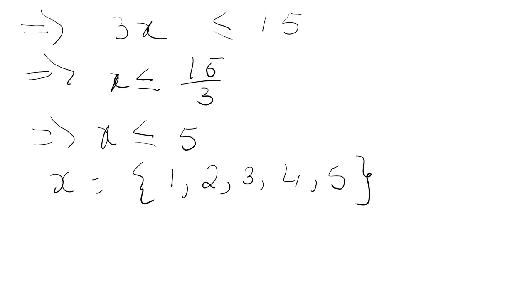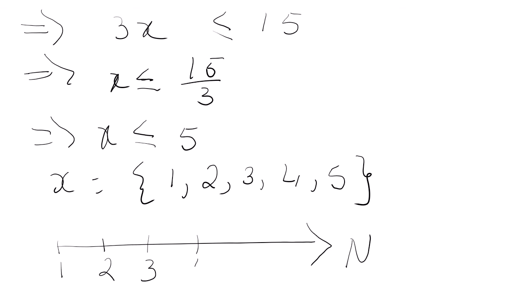Okay. And one more thing, in this question they did not ask you, but in your question they will ask you to show it on the number line. So this is a natural number line. It will begin with 1, 2, 3, 4, 5, and then one more extra.